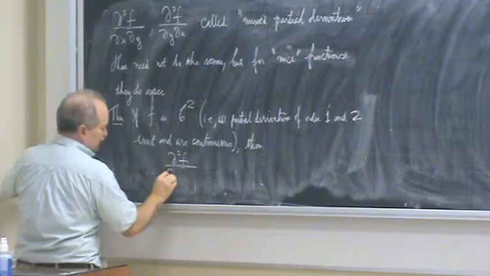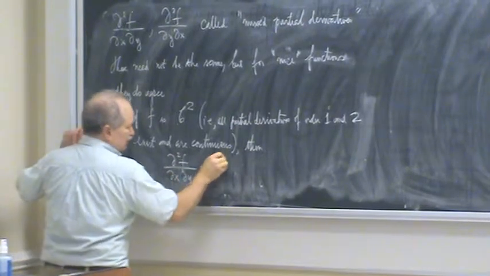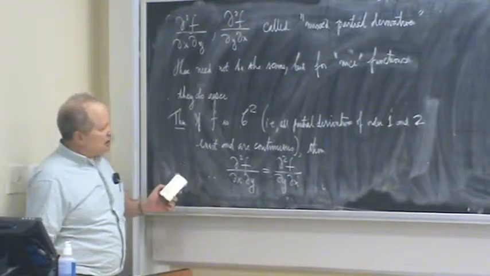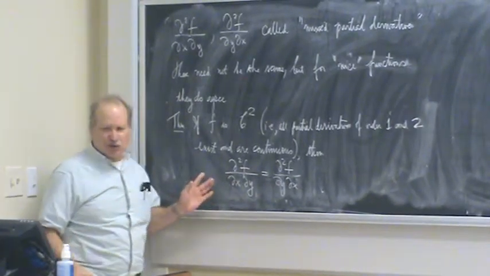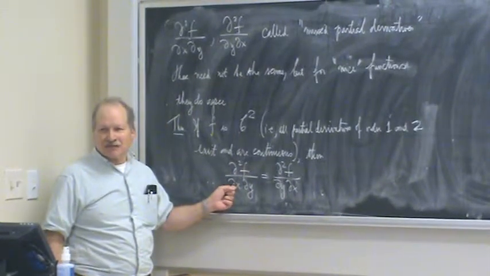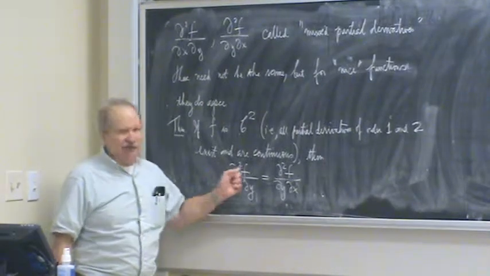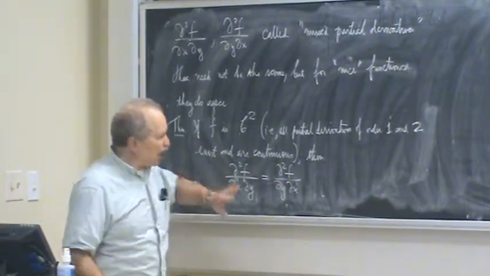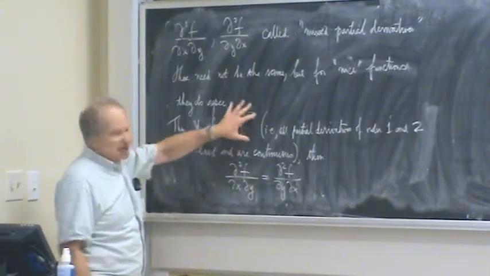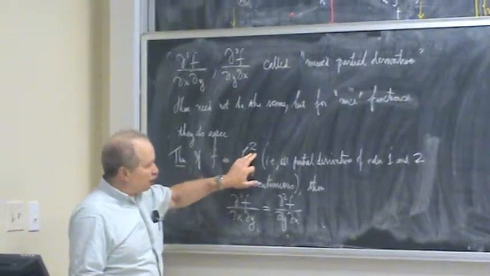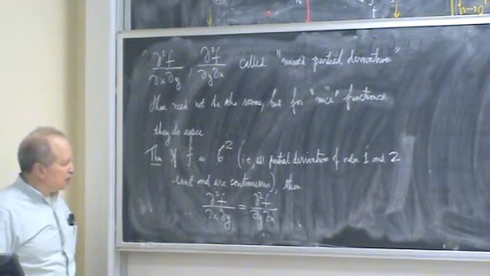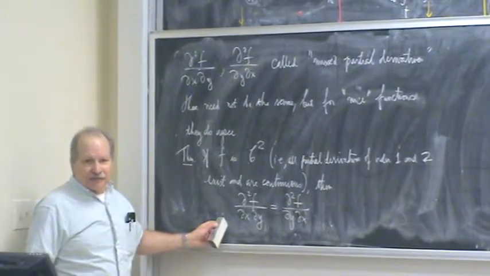What I just stated is not the best statement I could have made. In fact, the correct theorem that's proved in the book is if these are continuous, then they have to be equal. But what I want you to remember as you go on in your lives is just saying f is C2 means all partial derivatives up to order 2 exist and are continuous. Then mixed partials are equal.